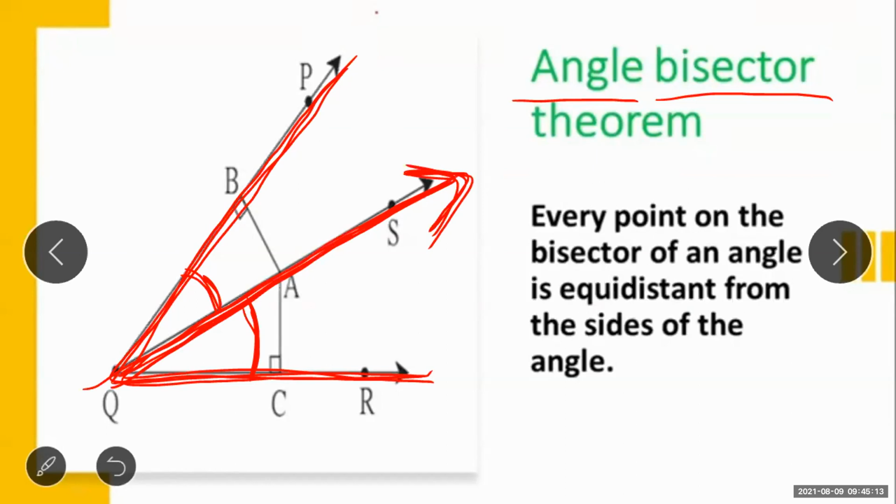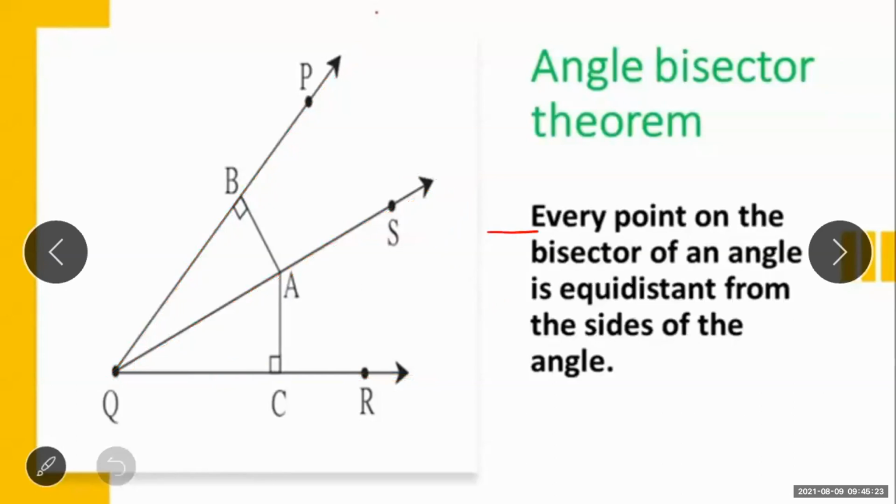So regarding that, here we have to prove every point on the bisector. Before this, how was it? The perpendicular bisector theorem says every point on a bisector.